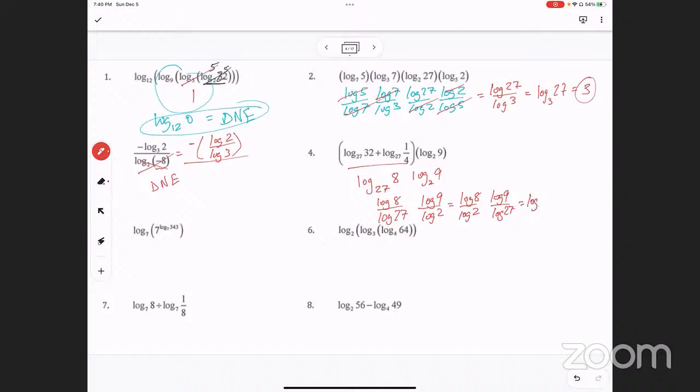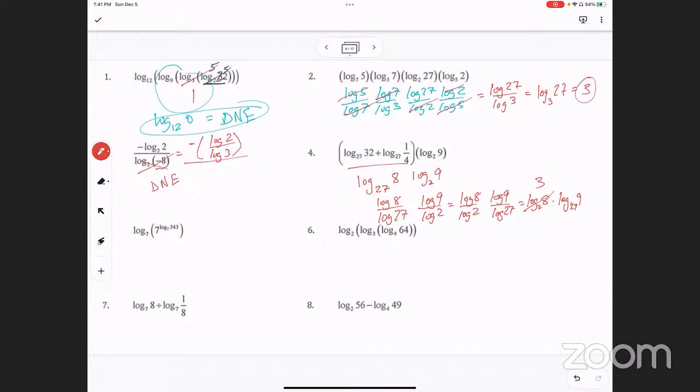Which equals log base 2 of 8 times 1 over, I'm even going to flip it, right? 1 over log base 9 of 27. Actually, I don't have to flip that. That's not any better. Let's just keep it how it was. Log base 27 of 9. Well, the log base 2 of 8 just equals 3, right?